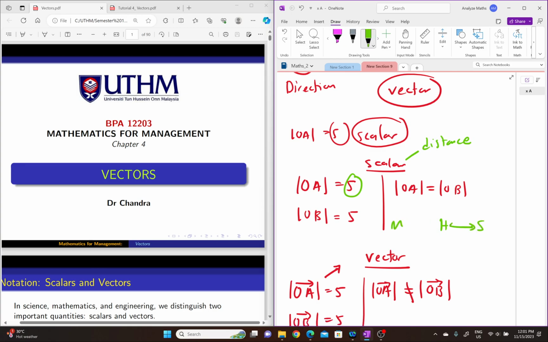The distance to the shop is 5, the distance to the mall is 5, both distances are the same. But when it comes to vector, since a vector has a direction, we now call that distance a displacement.